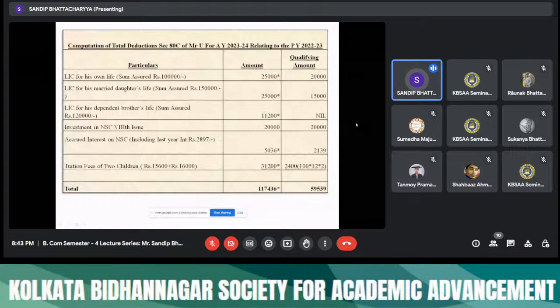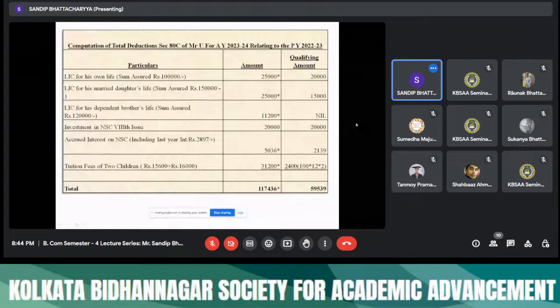If you invest in NSC, the principal amount will be deducted under section 80C, and the interest accrued in NSC will also be deducted. The principal amount we get as deduction up to rupees 1,50,000, and the interest I will earn will also be a deduction.